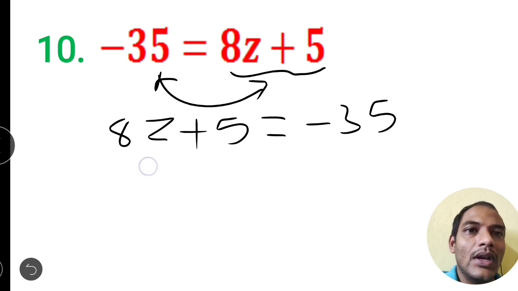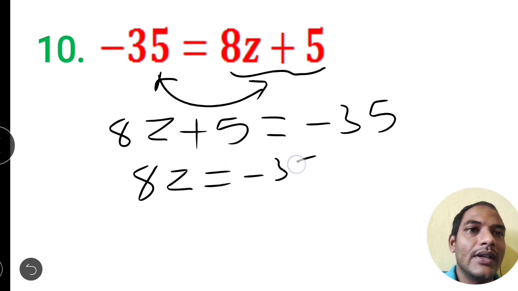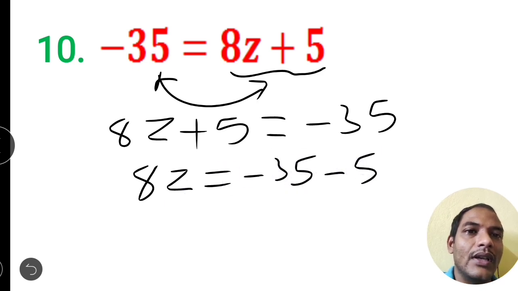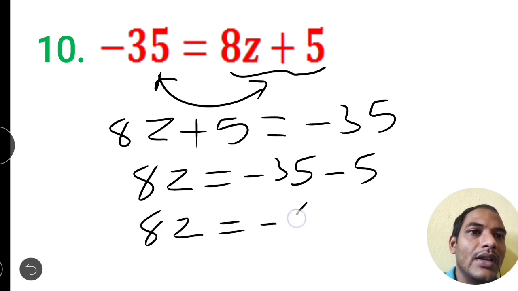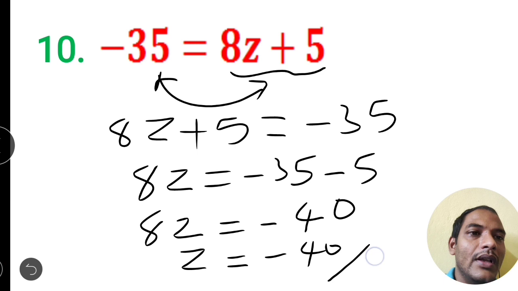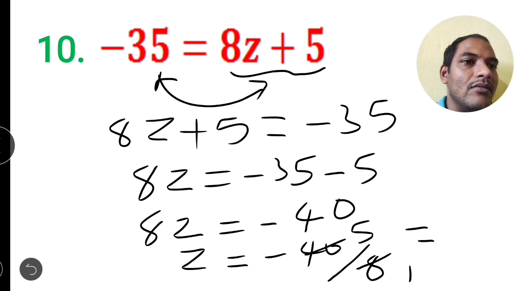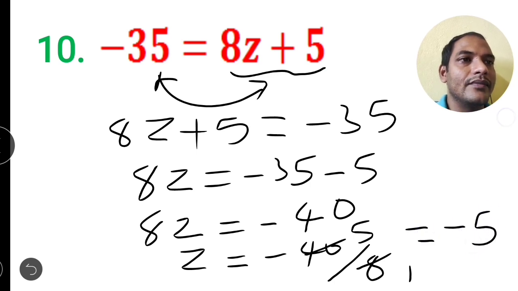Now let us transpose the 5 to the RHS side. So minus 35 minus 5. So 8z equals minus 35 minus 5, which is minus 40. Then z equals minus 40 divided by 8. 8 ones are 8, 5 eights are 40. So the answer is minus 5.